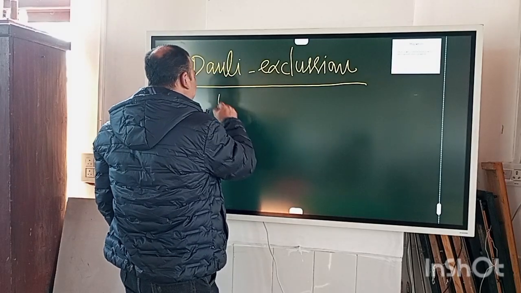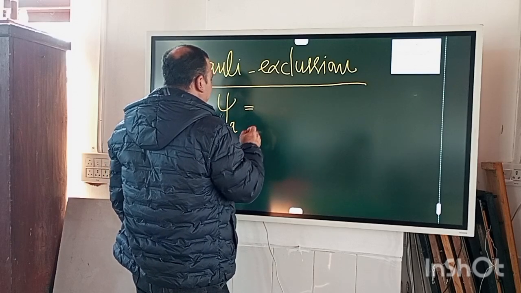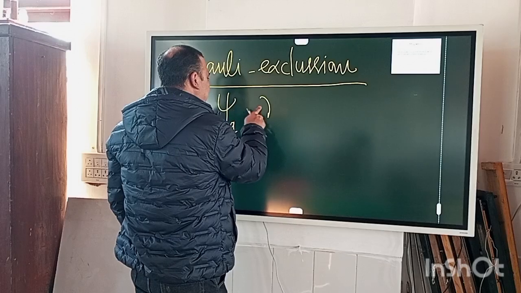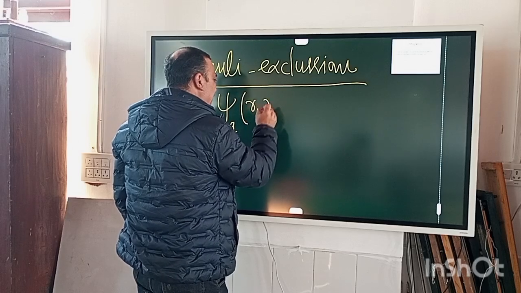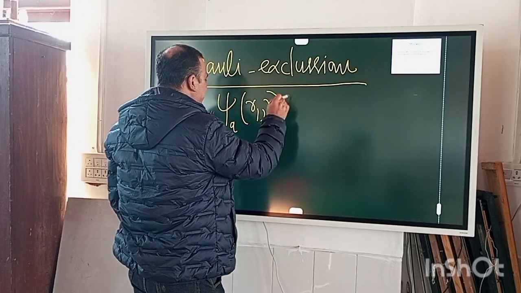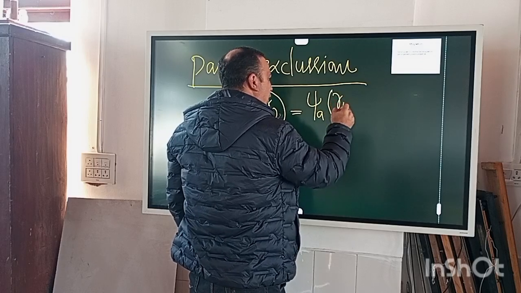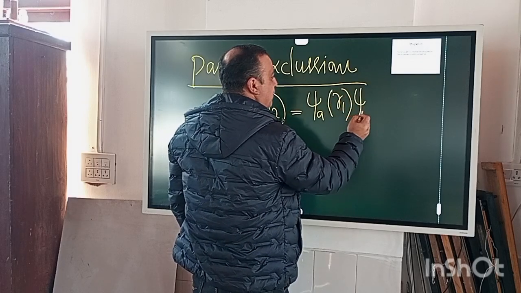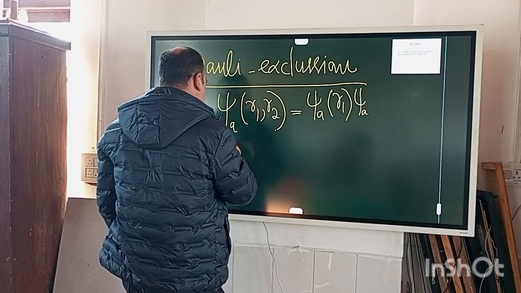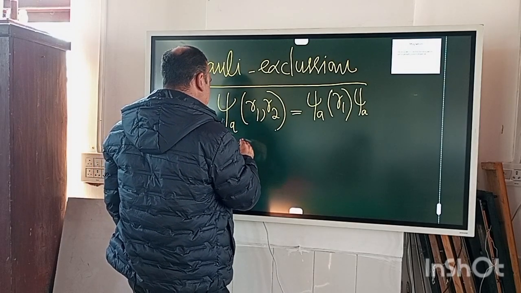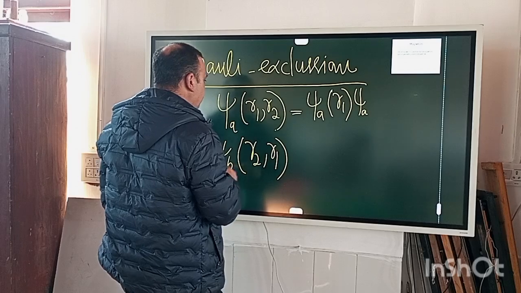So let me suppose that I have a state psi of A, and this state has two particles, particle R1 and particle R2, and this state can be represented as the multiplication of the two states, psi of R1 and psi of R2.